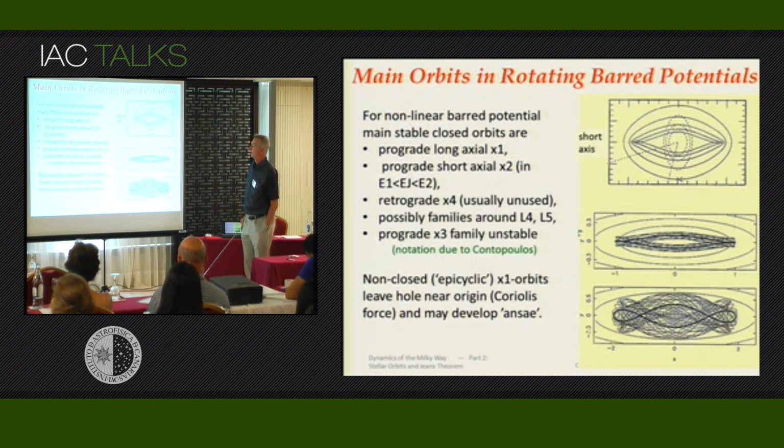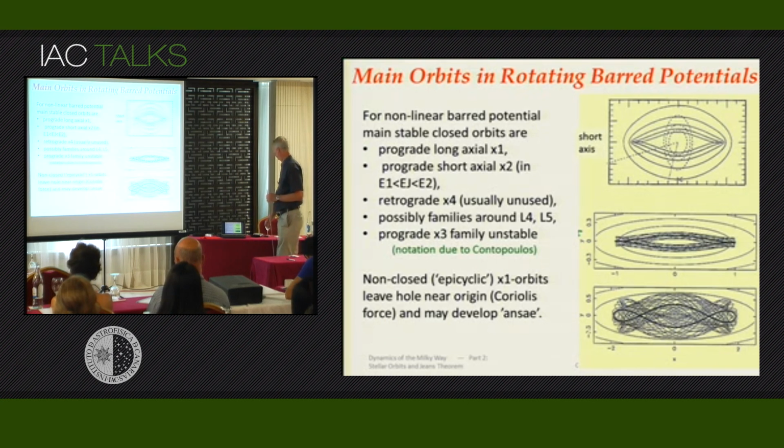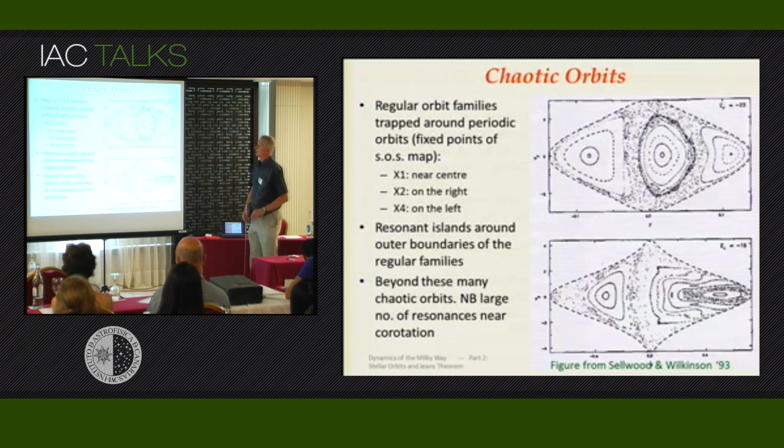And so here's one of the X1 families with an excursion, so a non-closed orbit. And you see here, this is a thin orbit in the bar, and this is a sort of thicker orbit in the bar. They can develop these loops at the end, sometimes called ansae. And for sufficiently small epicycle perturbation, they leave this hole in the center, which is due to the Coriolis force in the equations of motion.